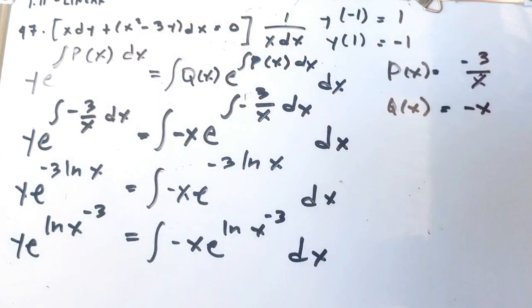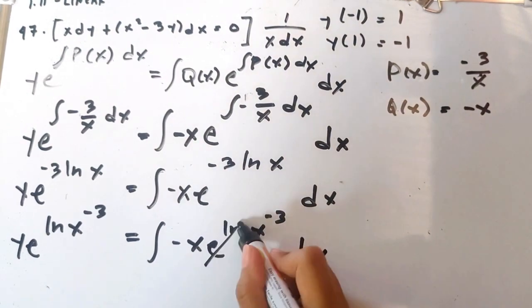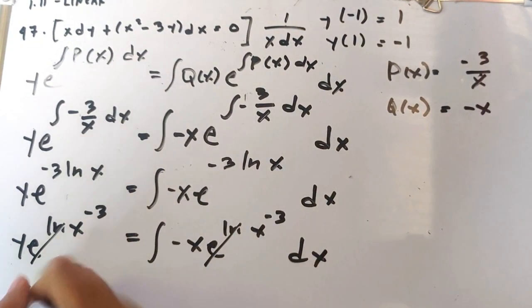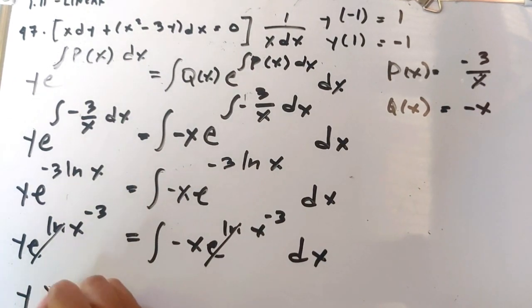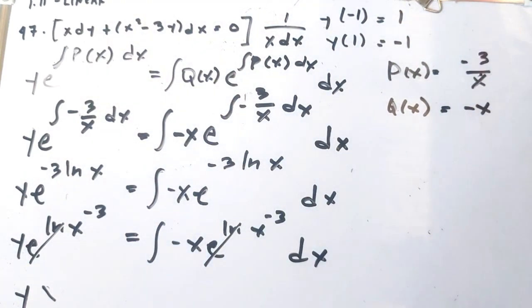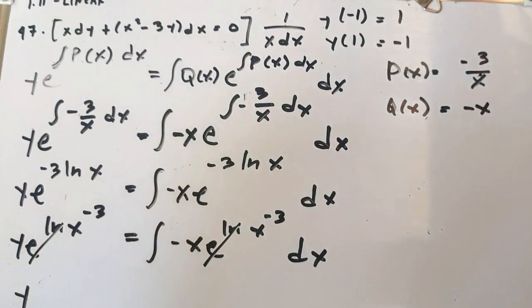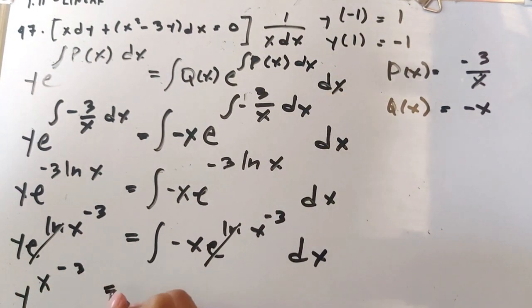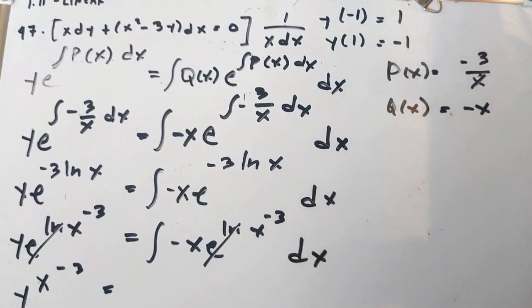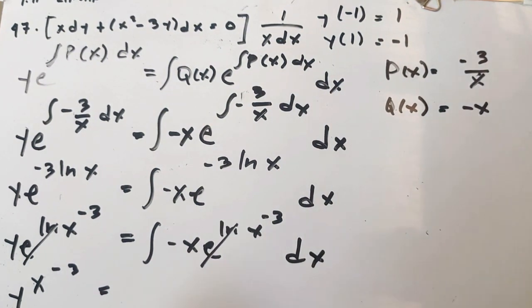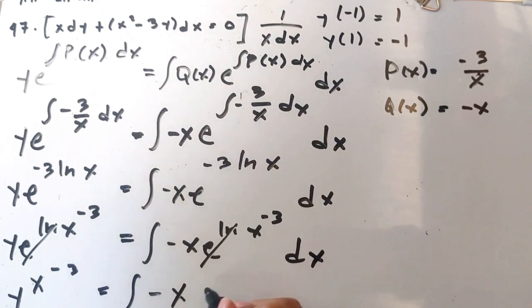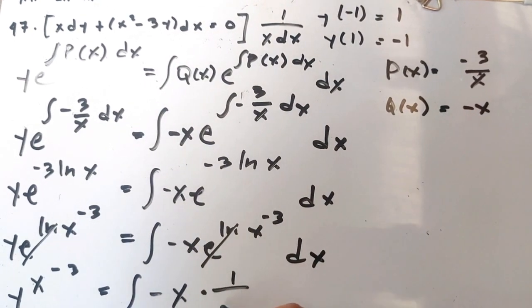So we can now cancel the ln here. So y times x to the negative 3 is equal to the integral of negative x times x to the negative 3, which becomes 1 over x cubed.